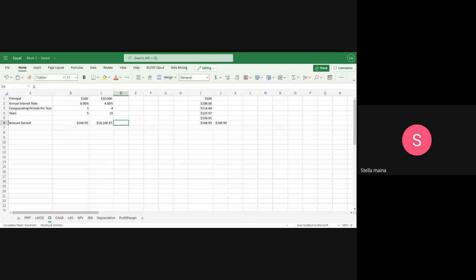So yeah, we can look at one more example. Assume you put 10,000 into the bank, and then you have an annual interest rate of 5%, and then the compounding period per year is 12, and then the years are 10.